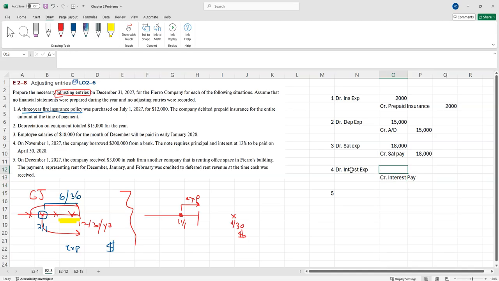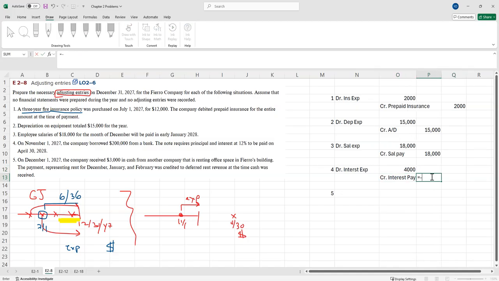Just a little bit of math: 200,000 times the 12% times 2 over 12 months that have passed, November and December. That's going to give us $4,000. And then we can just copy that right over.